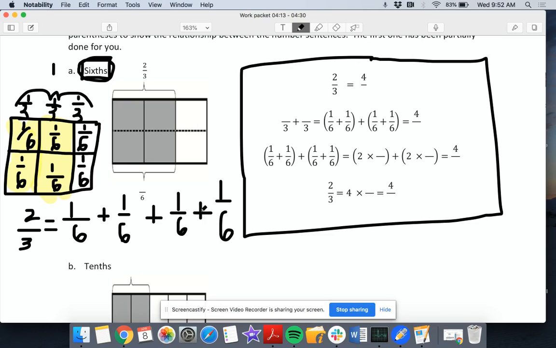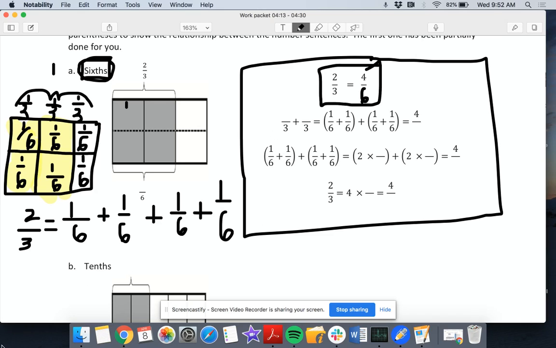Let's add this fraction. 1, 2, 3, 4. So I know that 2/3 is equal to 4/6. Okay, that's what we just did. This original 2/3 is equal to 4/6.